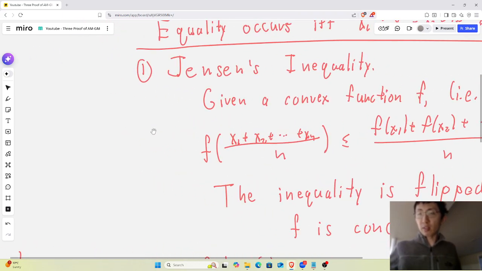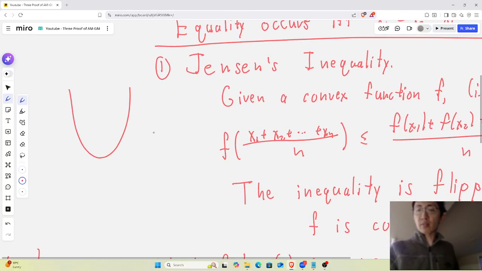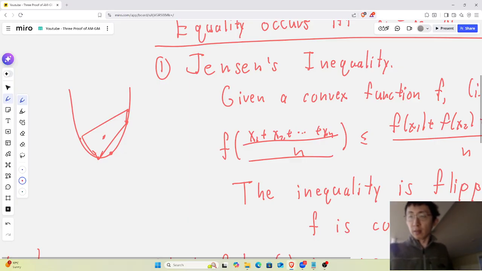As I mentioned in a previous video, the way you can remember this is if you have a convex function, then f of the average of the xi's will be a point on the curve, whereas the centroid of the points on the function will be above any point on the function when f is convex.